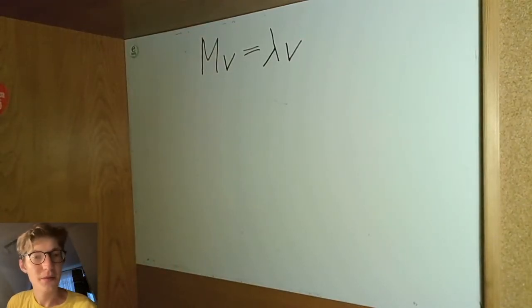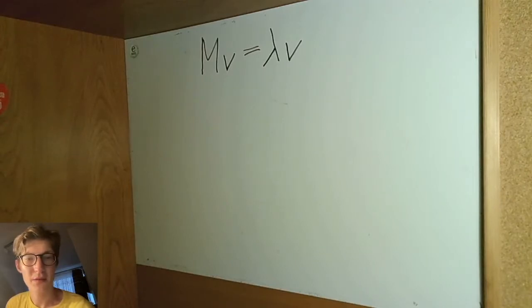And the corresponding vector is the eigenvector. Actually, for each eigenvalue, there are many eigenvectors, which we will find out in these examples.